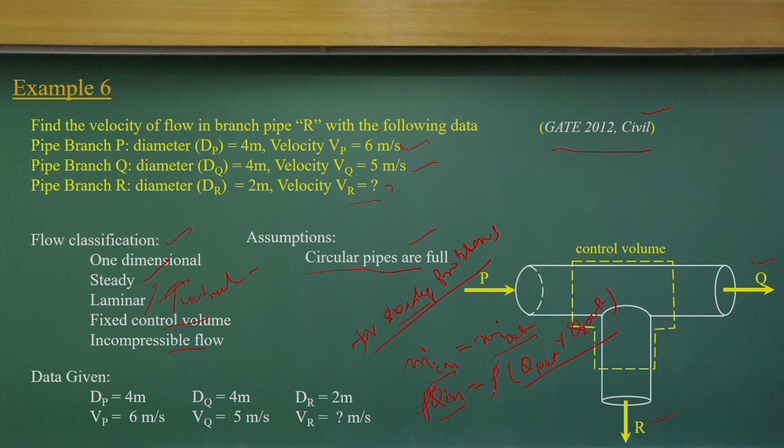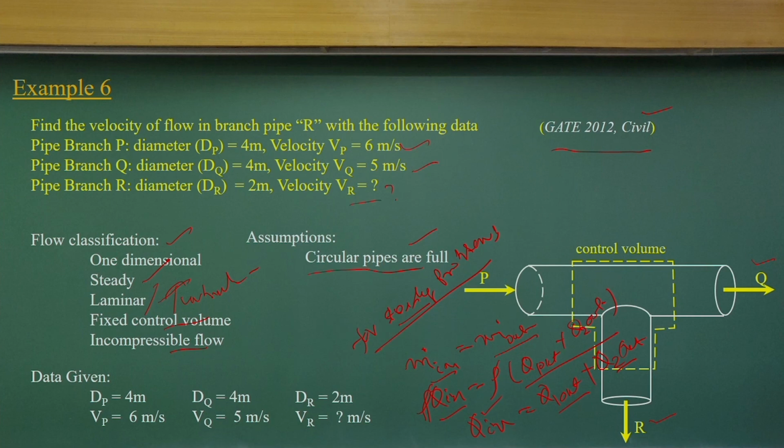Since the density is the same, Q in is equal to Q1 out plus Q2 out, the two outlets. So, the sum of the two volumetric discharges is equal to the inflow volumetric discharge.